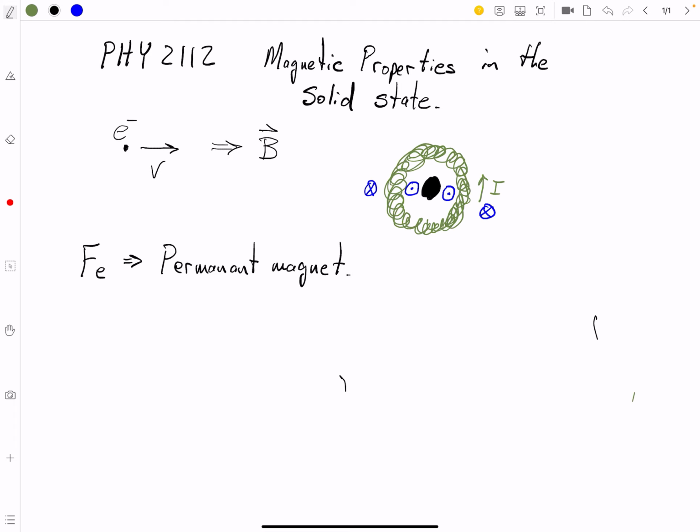Okay, so we can zoom out of this, and we can assign this atom a magnetic moment, and that's equal to its current times its area, which is very small, in the normal hat direction of that area. So that's its magnetic moment.